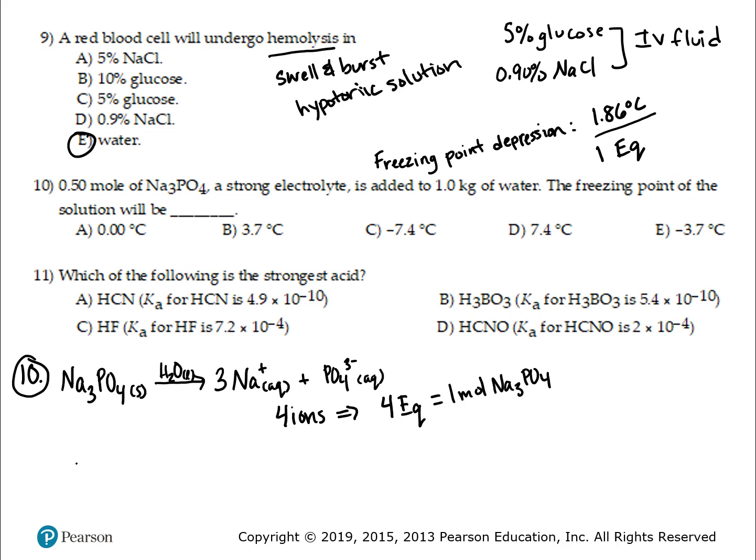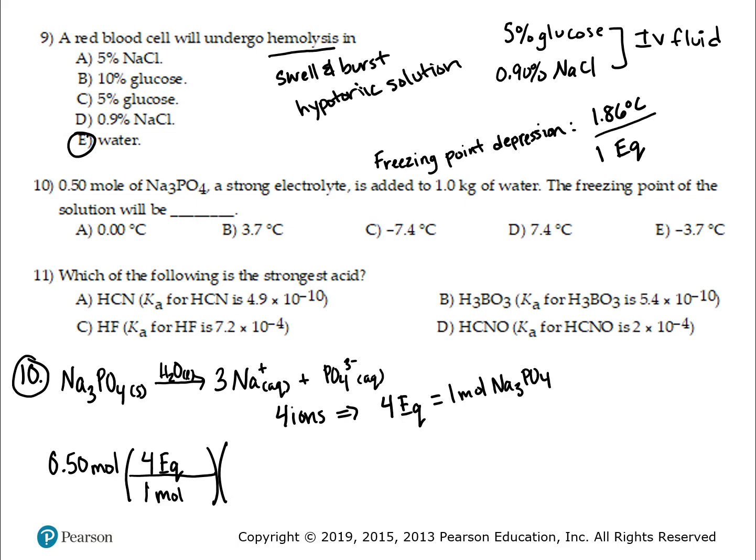From here, you can figure out how many equivalents you have in half a mole. And then use the freezing point depression information that I gave you.